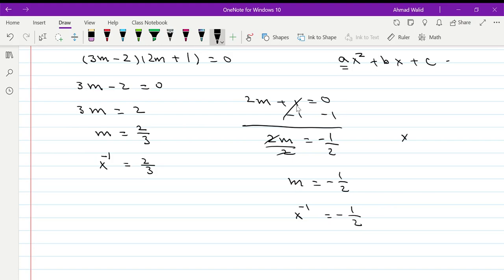If I have x to the power of negative n, it's equal to 1 over x to the power of positive n. Because we cannot deal with negative exponents, right? We change the exponent to positive. It means here 1 over x equals, if you flip your left side, you have to flip also your right side, correct?